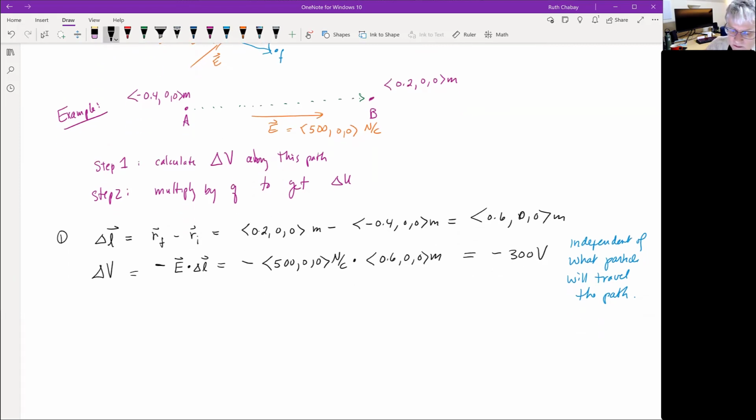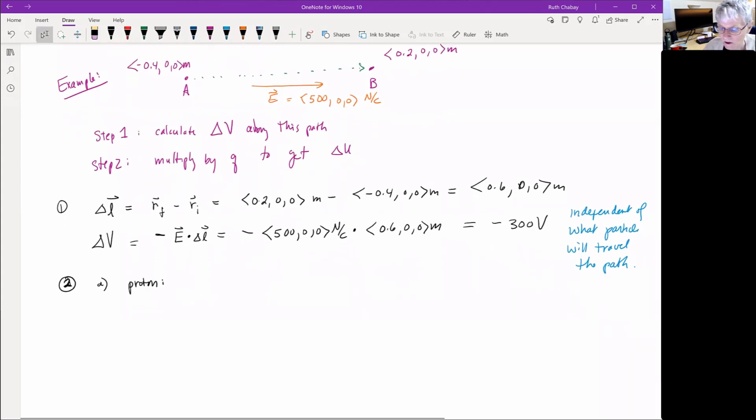Now we're ready for step two, which is to multiply by the charge of the moving particle. But now we can do two cases. So let's do A. Here's a proton.